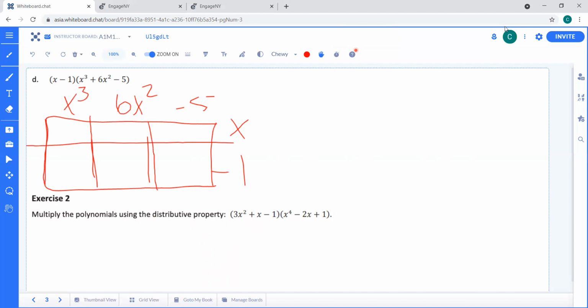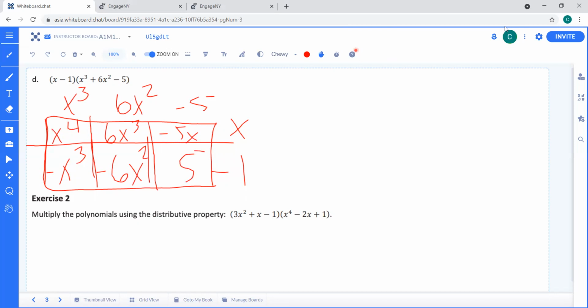All right. This is going to be x to the fourth, x to the third, 6x to the third. That's a negative x cubed. Negative 6x squared, negative 5x, and positive 5 now.